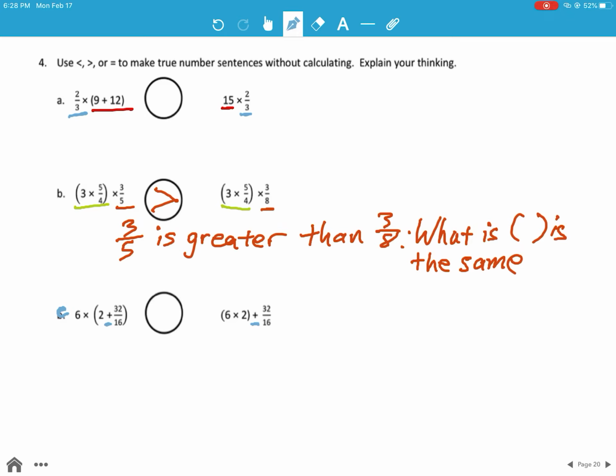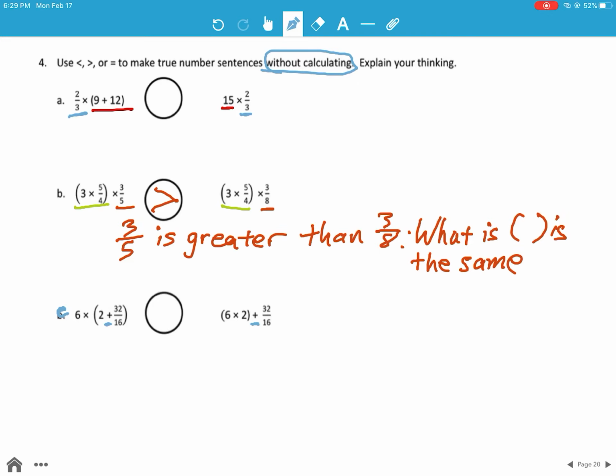Now some of you may want to try to solve it. That's okay, but it says here, okay, without calculating. So you don't want to calculate. All right. In your head you can do it. 32/16 is 2. So that would be 2 plus 2 gives me 4. 4 times 6. Over here we have 6 times 2, which is 12, times 2 is 24.